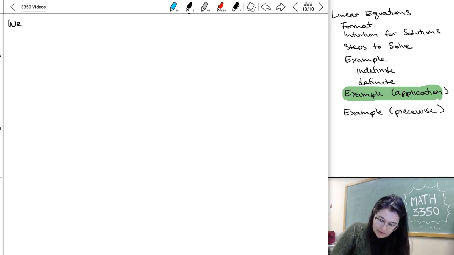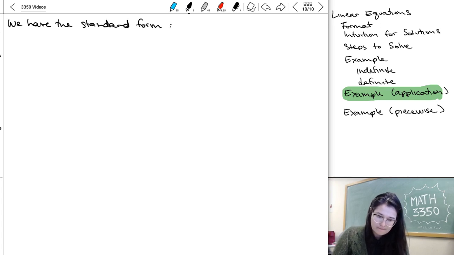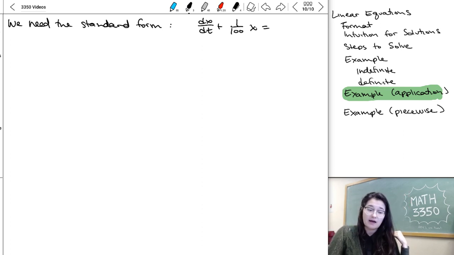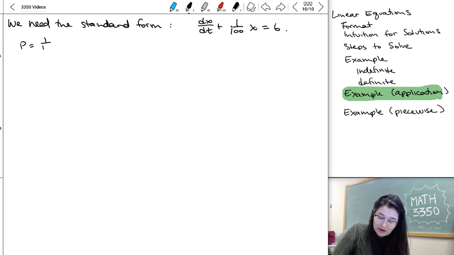So we need the ODE in the standard form, where we get dx dt plus something times x equal to f. So for us, we're just moving that x over 100 over. So we've got 1 over 100 times x, and that 6 can stay where it is. In this case, we've got p is equal to 1 over 100, and f is equal to 6.